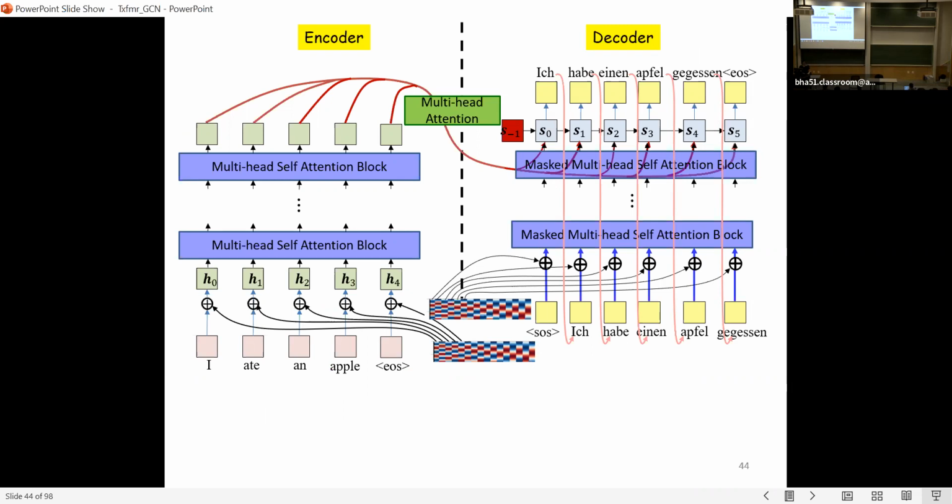We have a decoder that doesn't have any recurrence and just uses self-attention. And in the middle, we have the attention that you already know that the decoder uses to get information about the encoded states. It's computed over the encoded states of the final layer, the final attention block of the encoder.